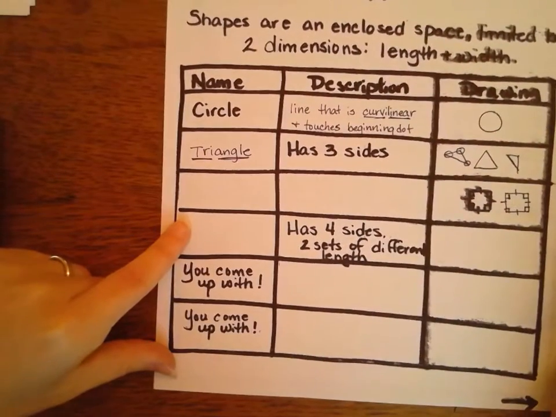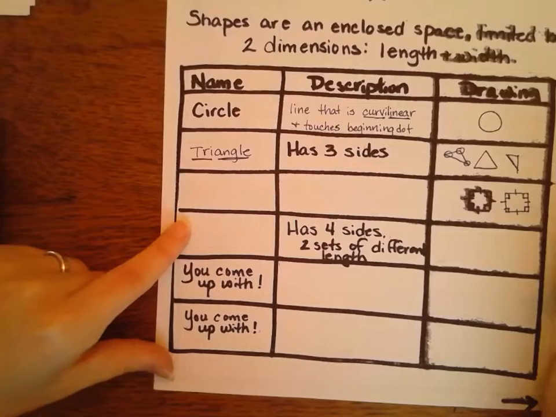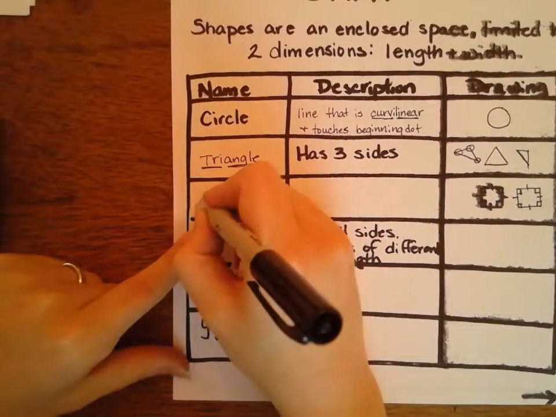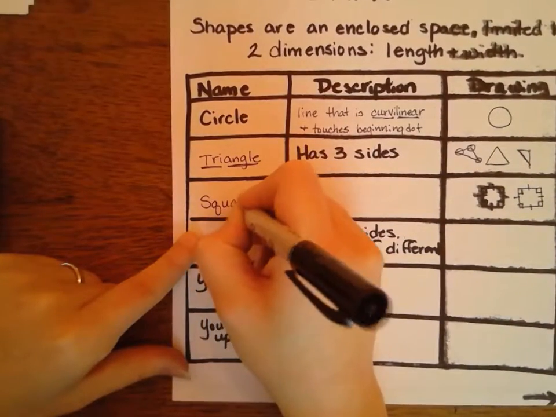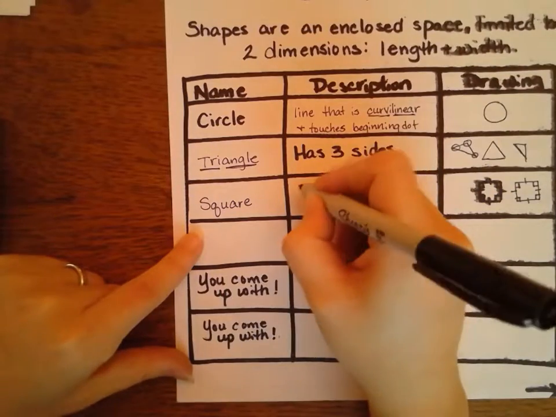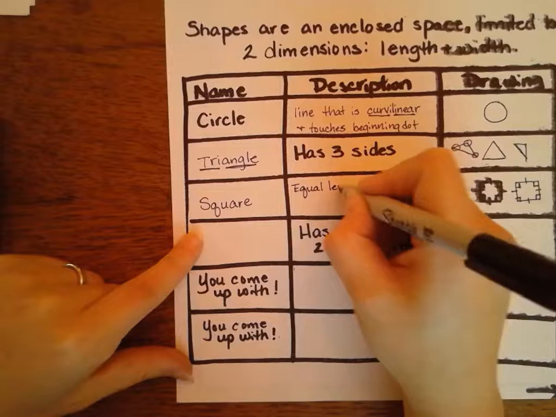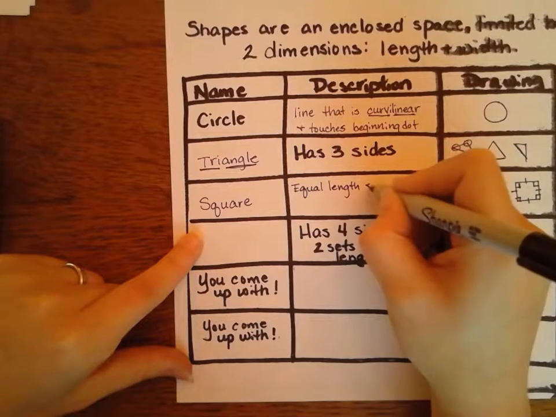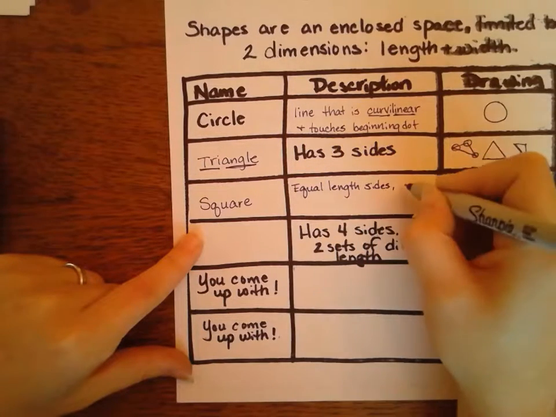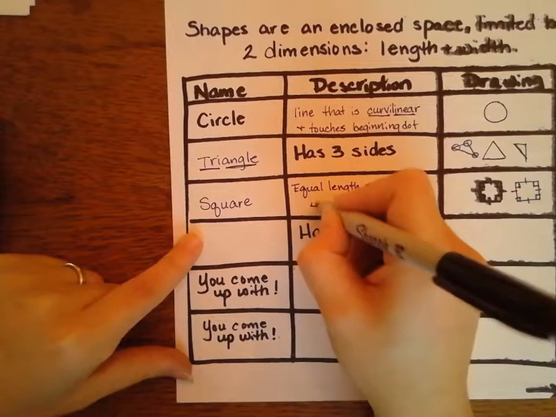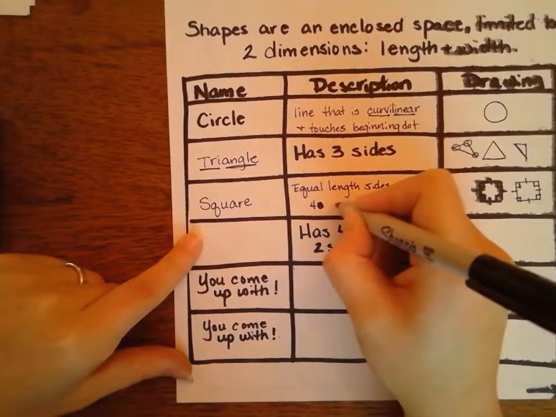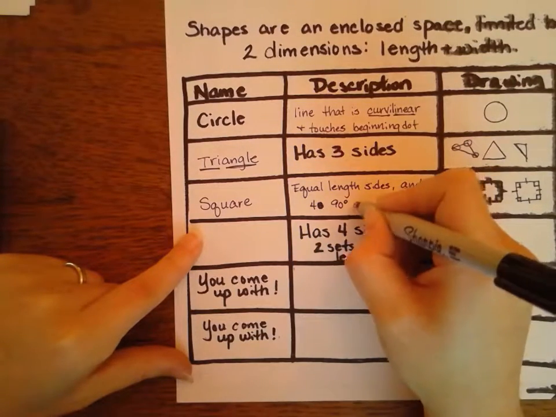So if I had the exact same side length, I would hope you guys would know what this is. This would be a square. S-Q-U-A-R-E. So it has equal length sides and 4 90 degree angles.